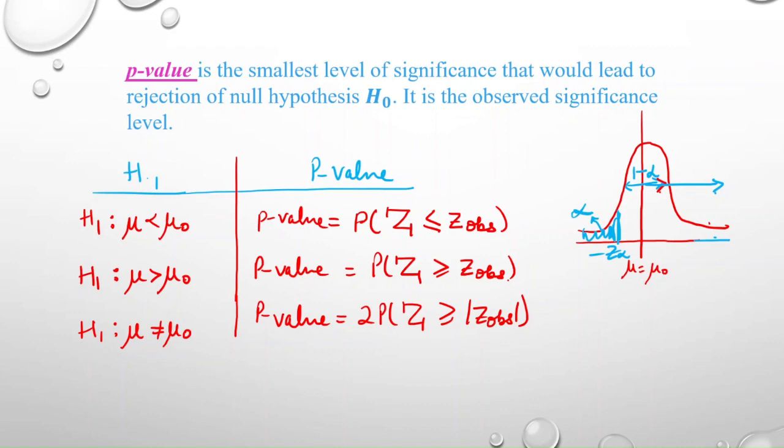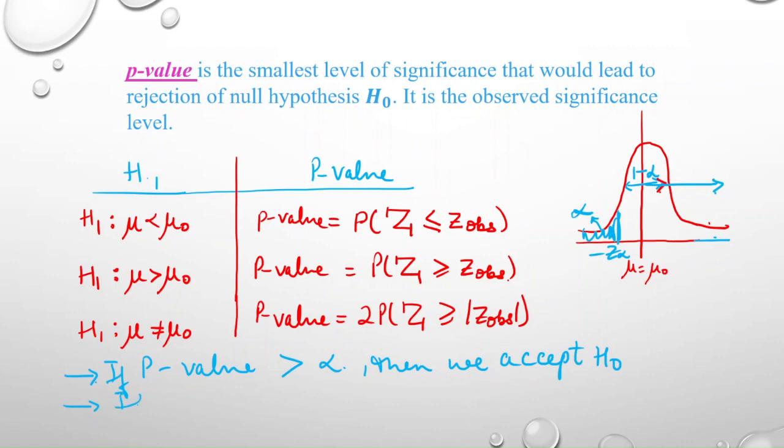Whenever the p value is greater than alpha, then we fail to reject. I'll just write it, the interpretation. If the p value is greater than alpha, then we fail to reject, or we can say we accept our H naught.